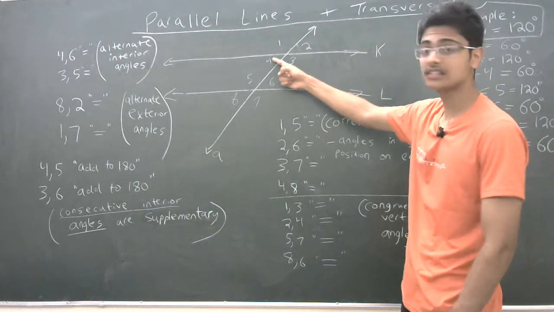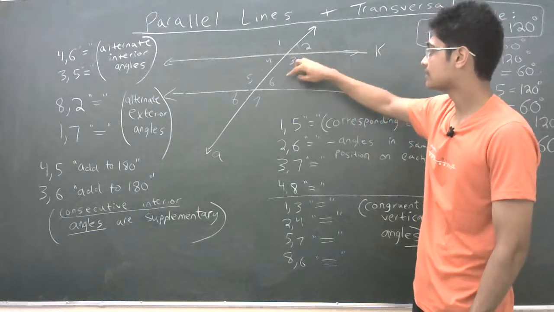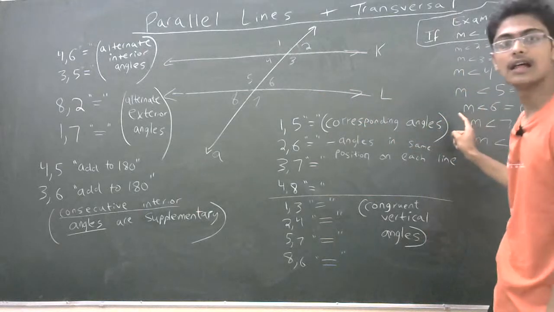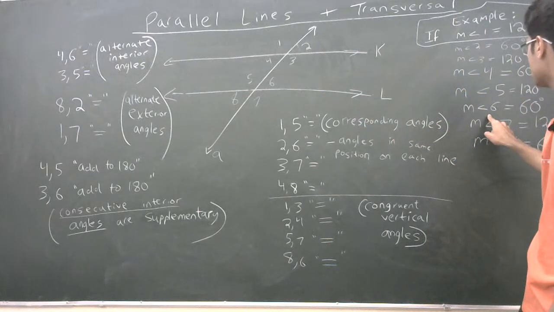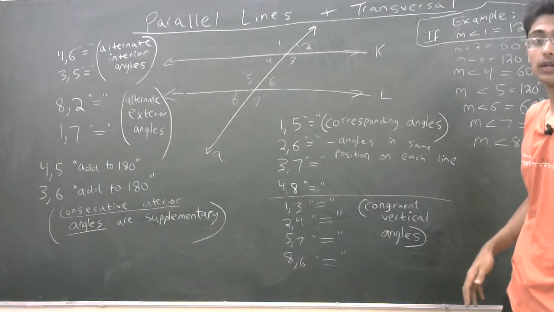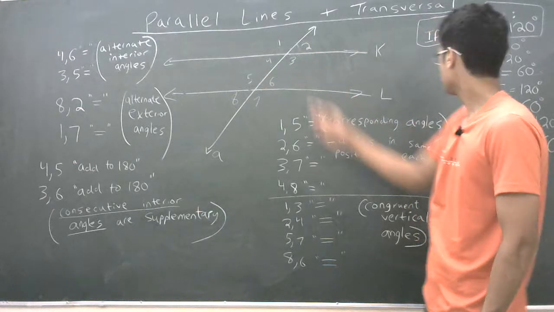Similarly, angle 4 would be 60 degrees. If angle 4 is 60 degrees, then its alternate interior angle must be congruent as well. Therefore, the measure of angle 6 is also 60 degrees, while the measure of angle 5 is 120 degrees, being an alternate interior angle with angle 3.